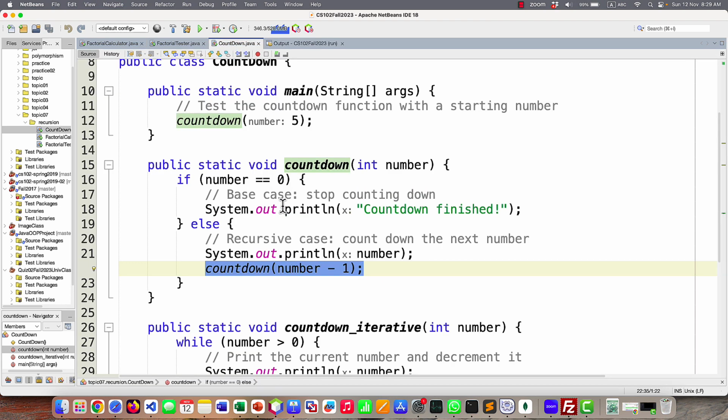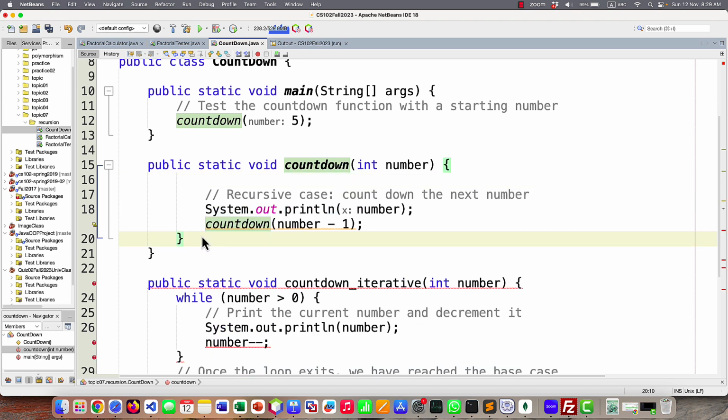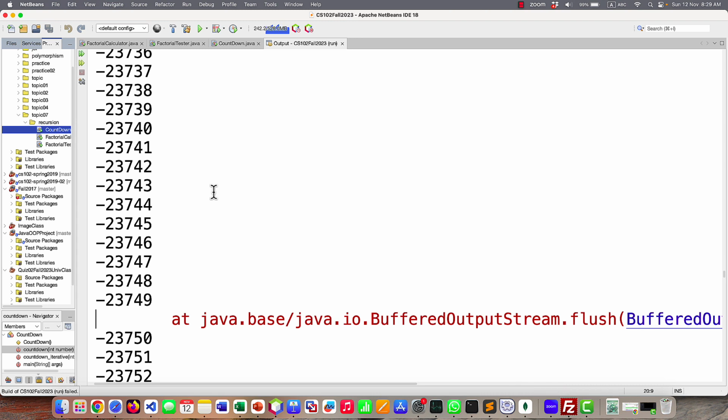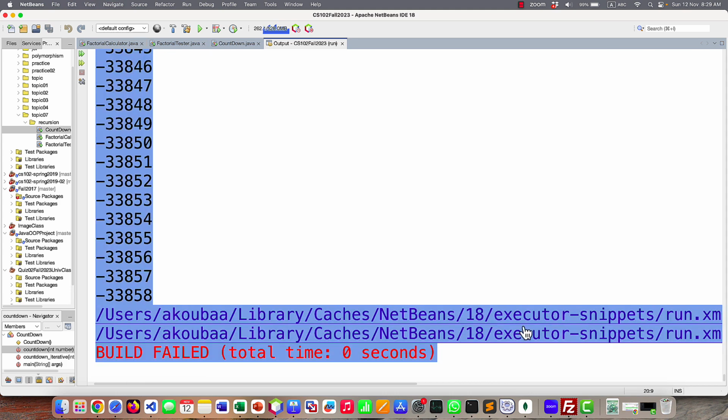Now, imagine that I remove the base case. So look now. It will count down to many negative values and then it will just crash.